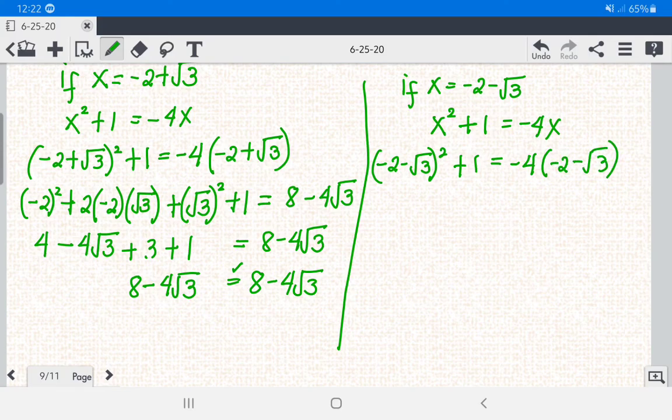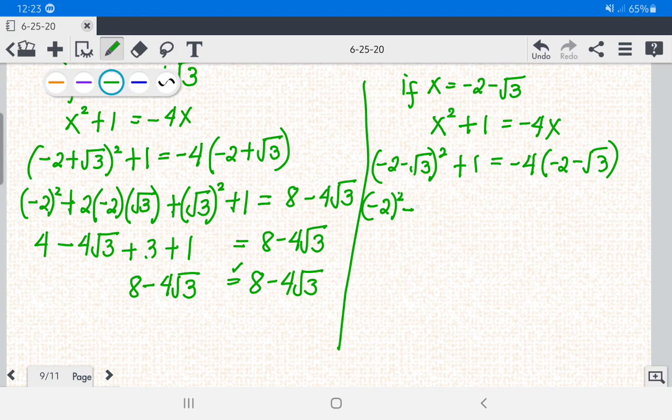Again, using the concept of squaring a binomial, we have to square the first term, negative 2 squared. Then, since the operation here is minus, we have to subtract.